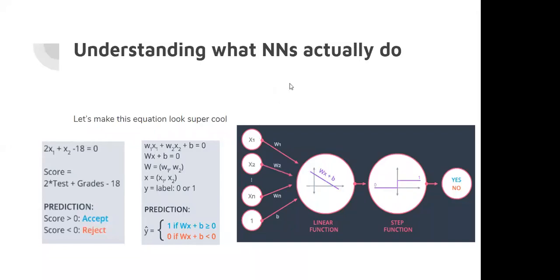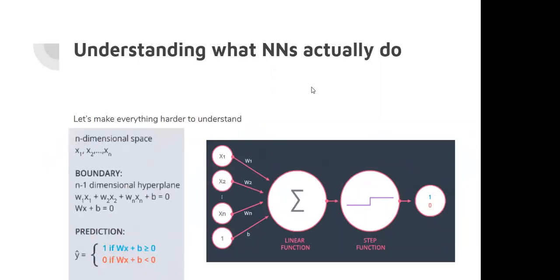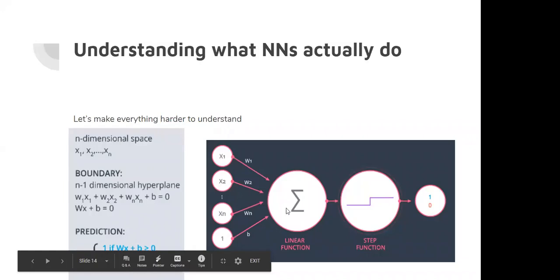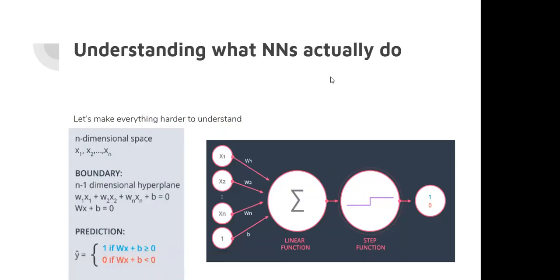Let's generalize it even more. This is how it's going to look: w1x1 all the way to wnxn. This is a linear function. Activation is by a step function. A step function is an activation function, and there are a lot of different activation functions, including one called Mish, which was actually created by one of our peers, which is so cool.